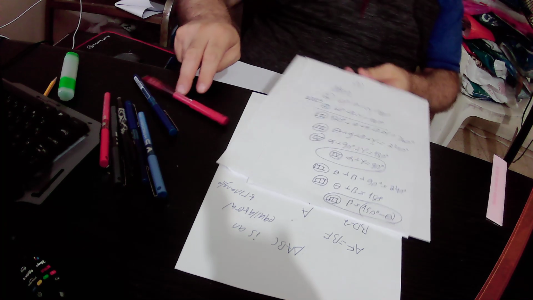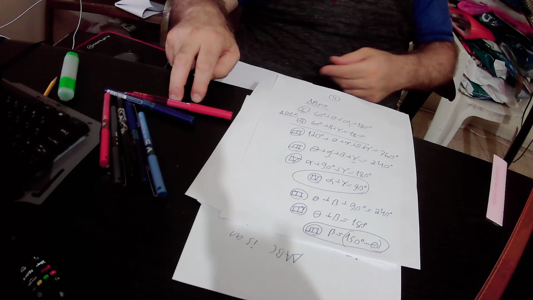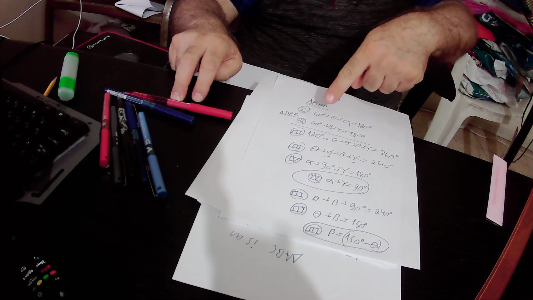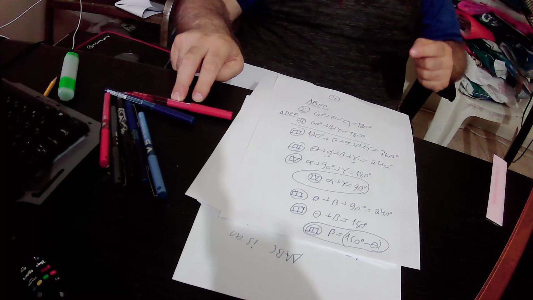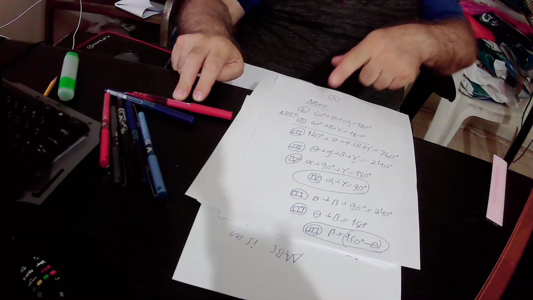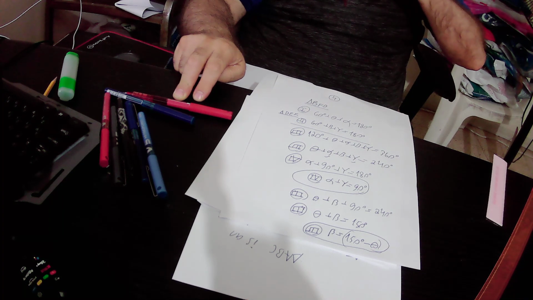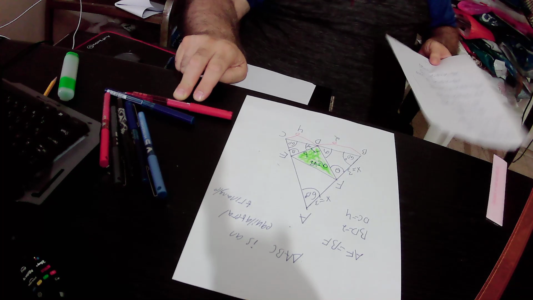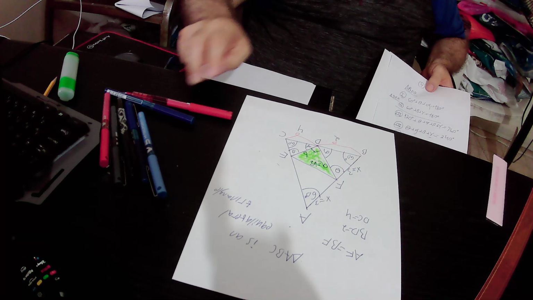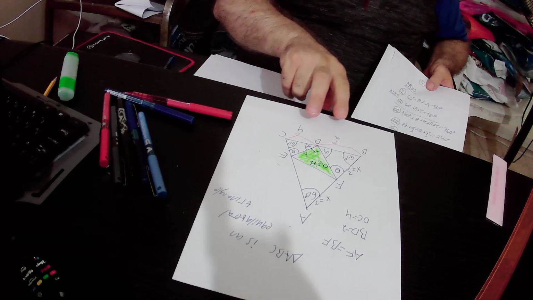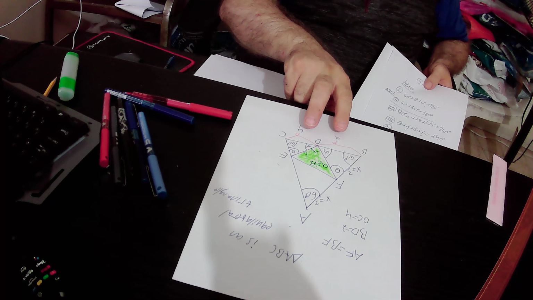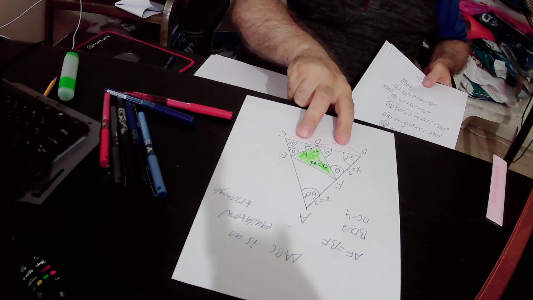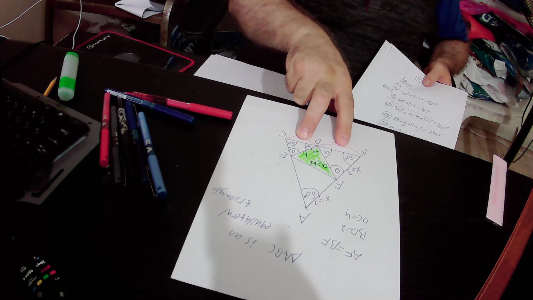And we added equation number 1 to equation number 2, and we got the third equation. And then we have the rule that the sum of the angles on the upper side of any straight line equals 180 degrees.